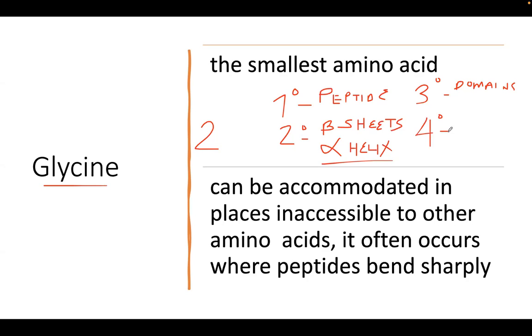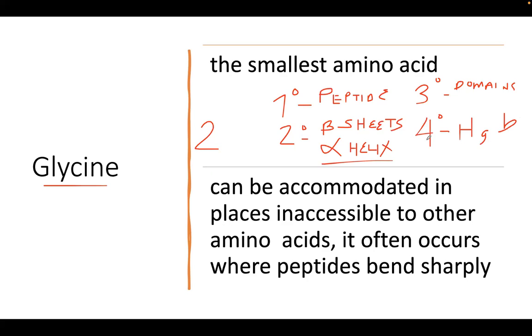And what is the classic example of the quaternary structure of proteins? Okay, the example is hemoglobin.